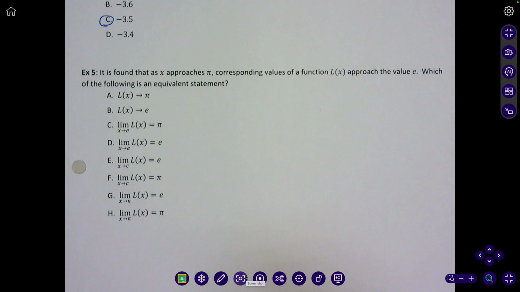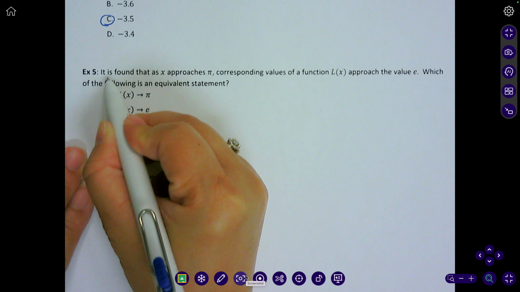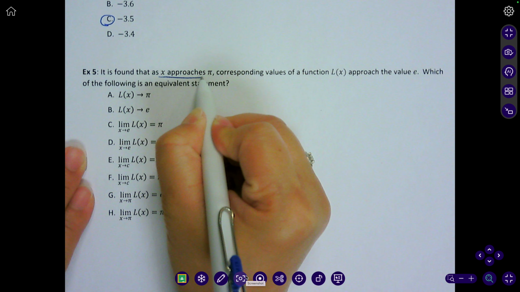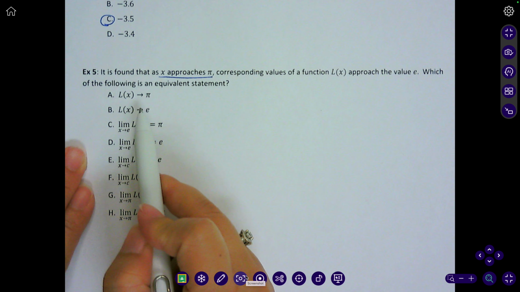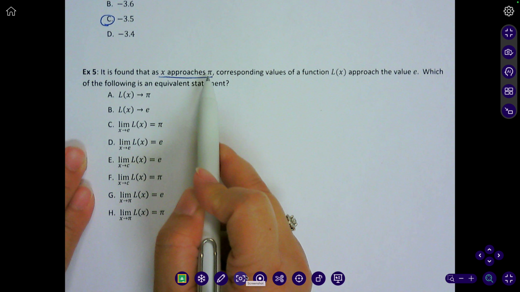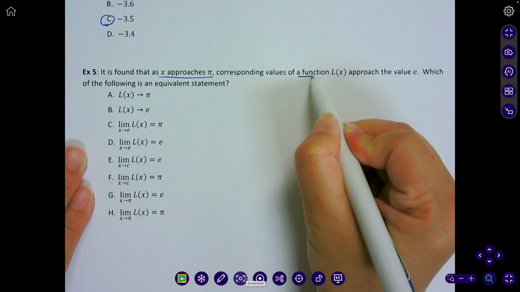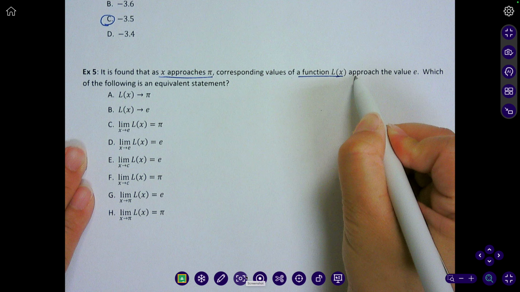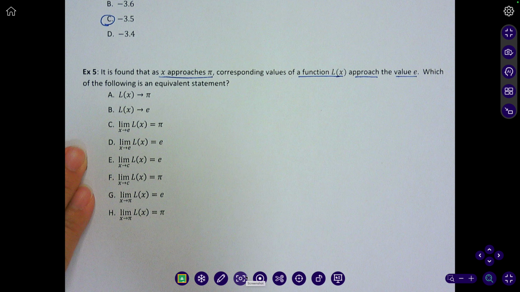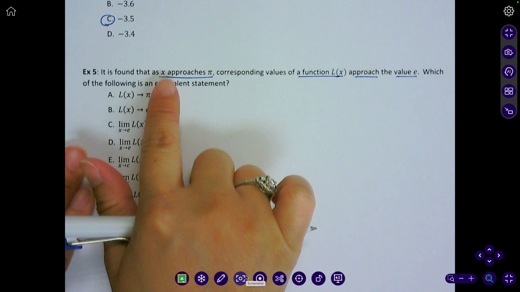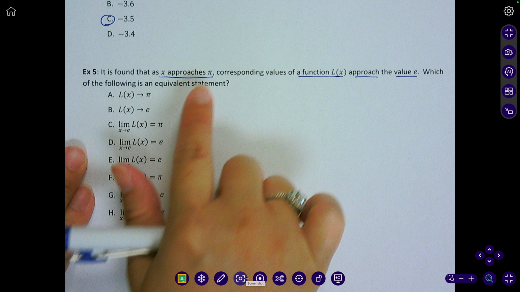G? Let's check. It says that x approaches pi. So I want x to go to pi, right? The corresponding value of the function L, which is your y, will approach e. So x has to approach pi.